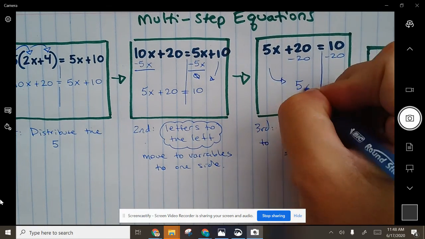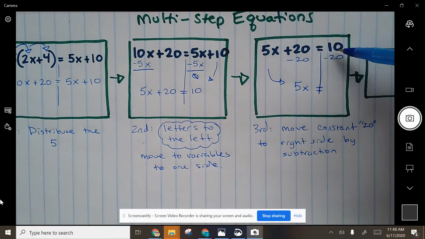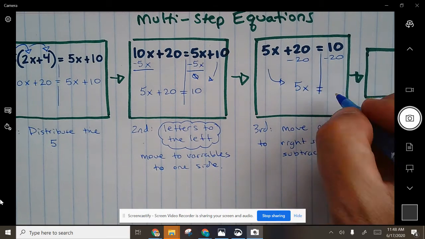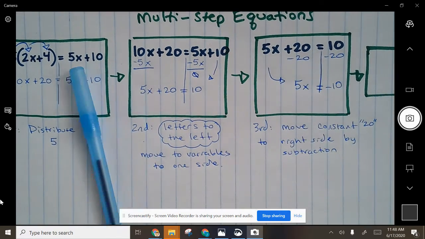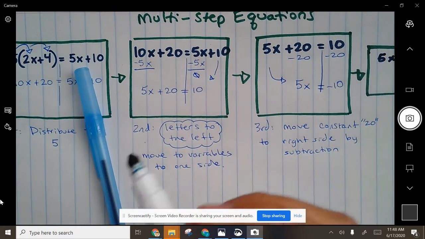You're going to have 5x equals, now this is a little different, 10 and negative 20. That's not going to be positive 10, and that's not going to be 30. That's going to be negative 10 because your 20 is larger and it has a negative. That's a 5x.